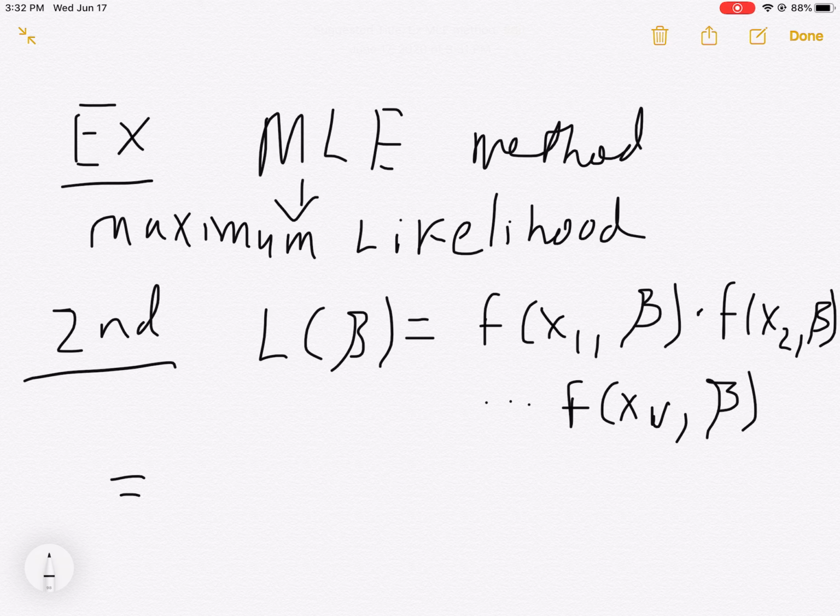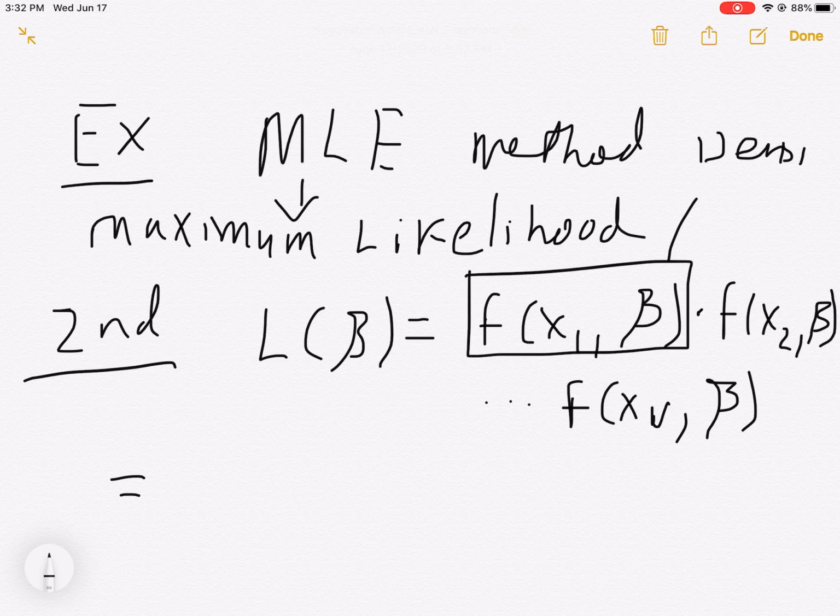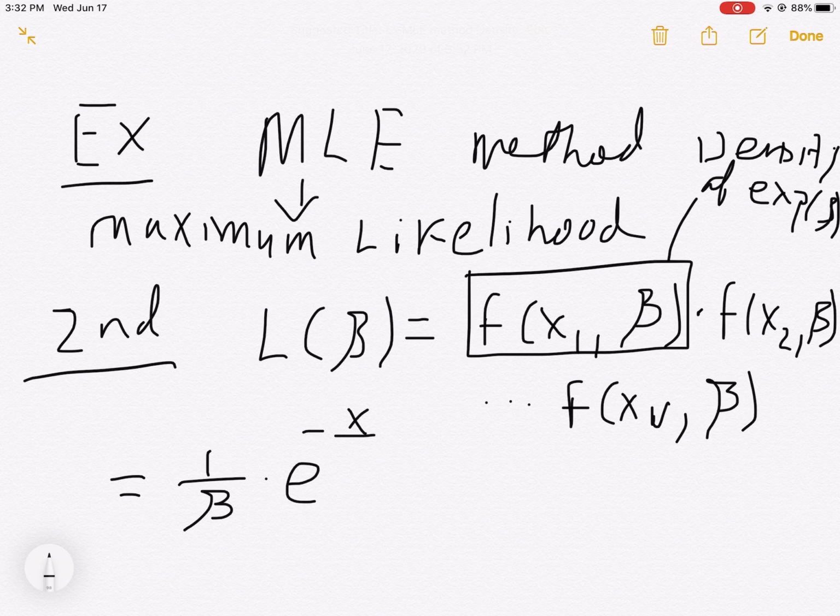And we know these density functions. These are the density function of exponential beta. And that density function is going to be 1 over beta times e to the minus x over beta.